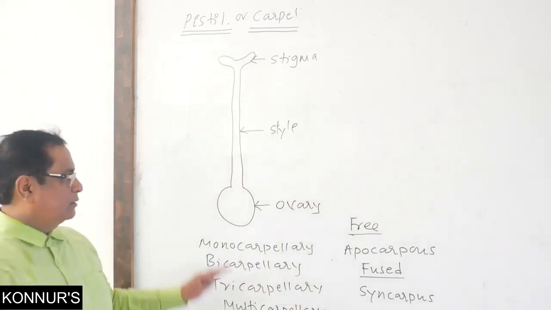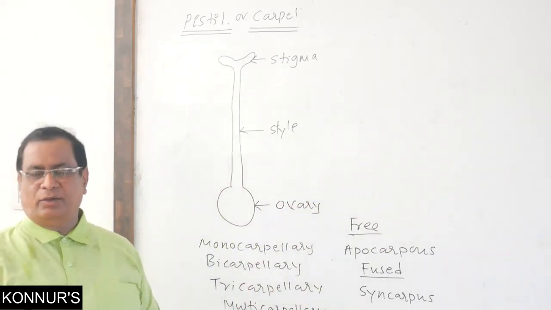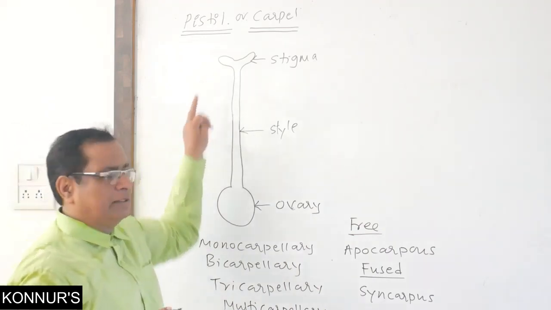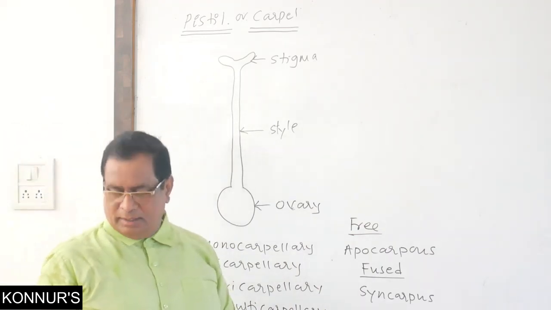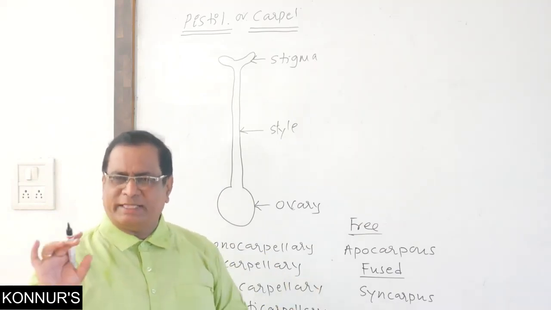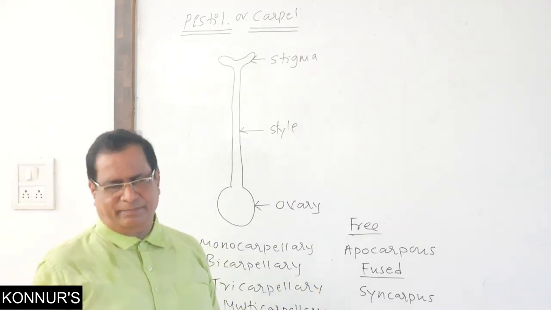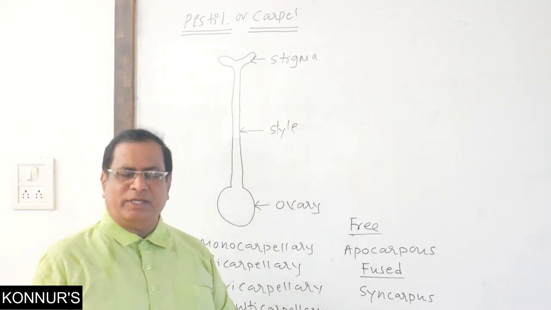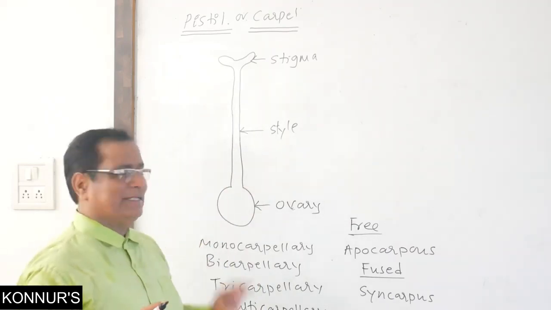These are the three distinct parts of a carpel or pistil. The stigma is a flat platform to receive the pollen grains. That stigma is a flat platform which receives the pollen grains.